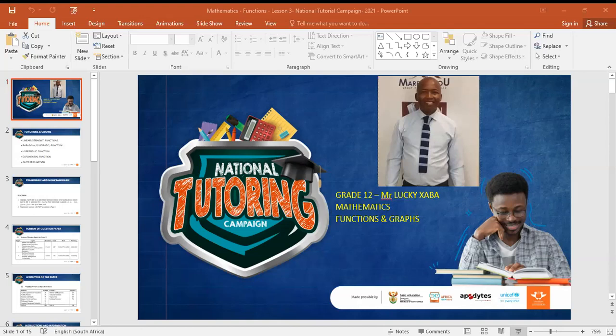I think you know that when it becomes minus x, that's when we are talking about reflection. So it has been reflected about the y-axis. So it's important that you know what happens when it's reflected about the y-axis. It becomes f(-x). When it becomes minus f(x), it has been reflected about the x-axis. So the y then becomes negative.